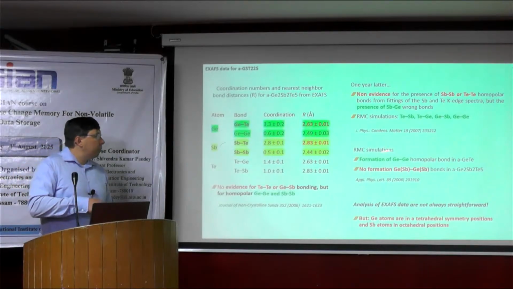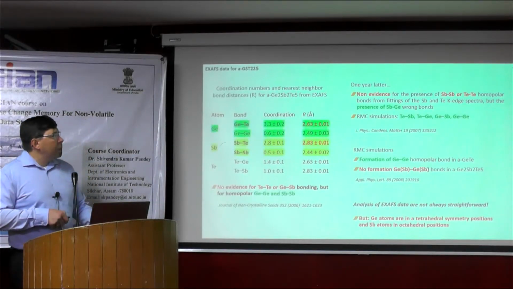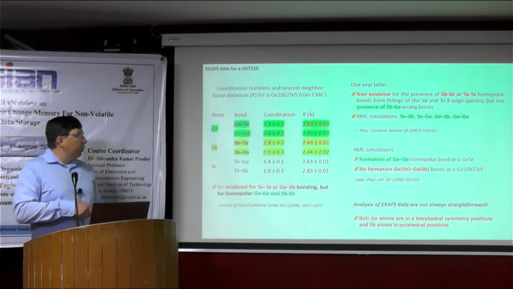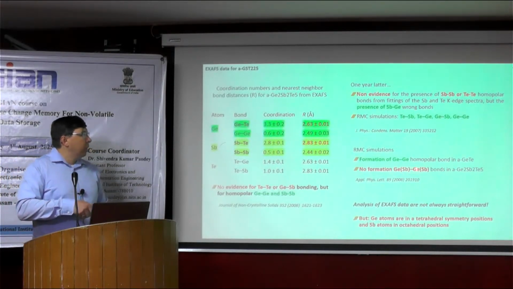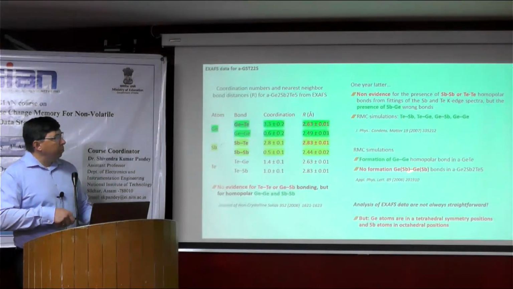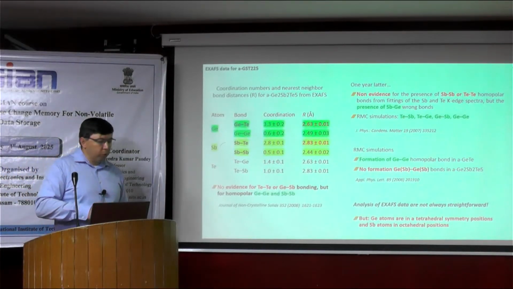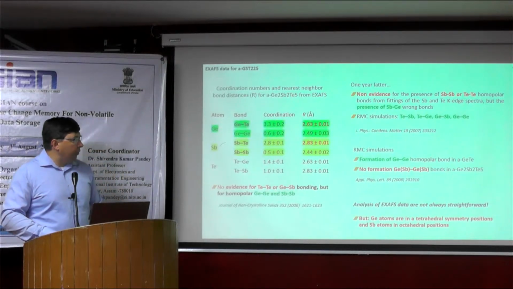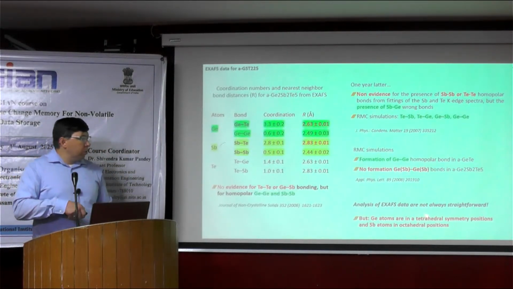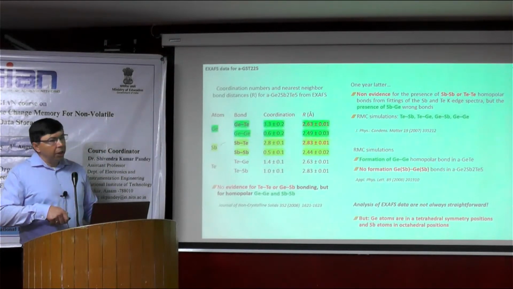Other Monte Carlo simulations also found formation of germanium homopolar bonds in amorphous GeTe, but no formation of germanium or antimony bonds in amorphous GST225. So analysis of XAFS data is not always straightforward.